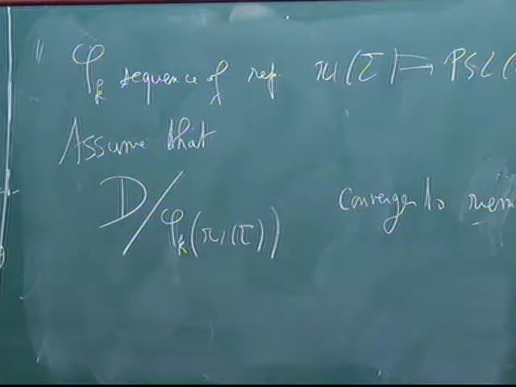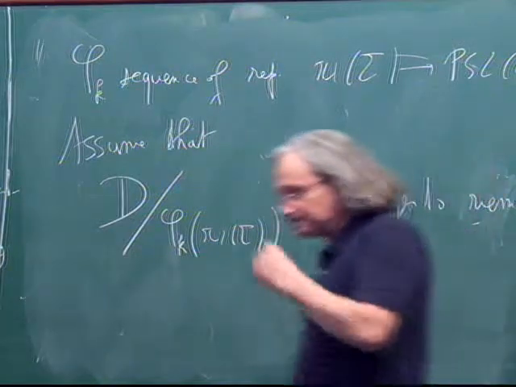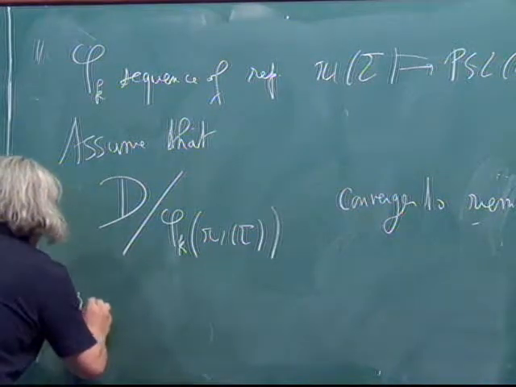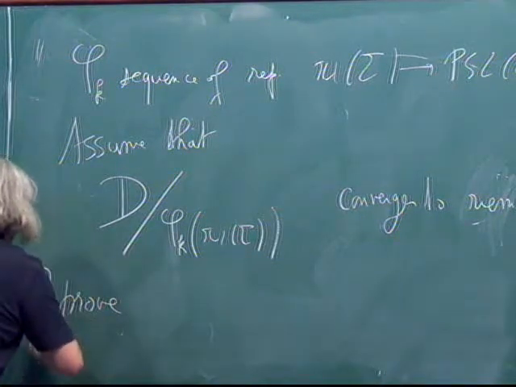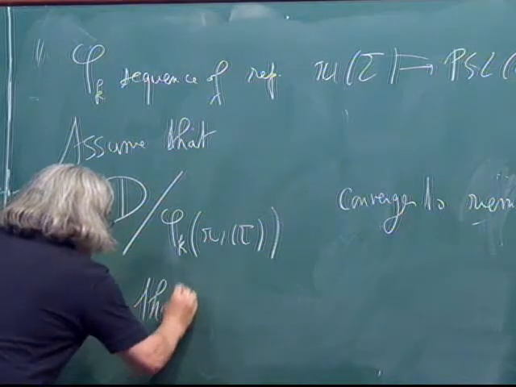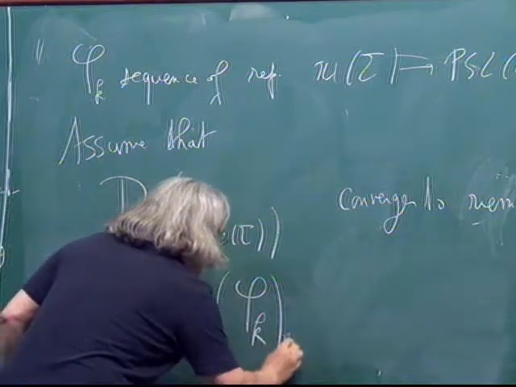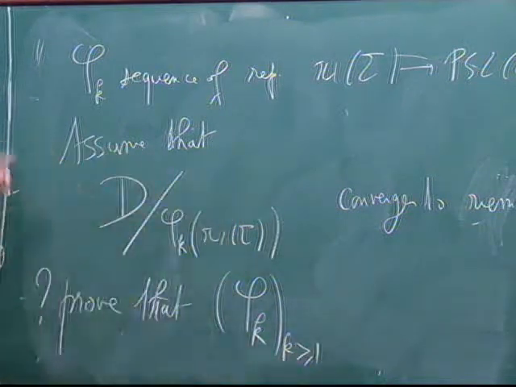On sigma. And then you have to prove that the family phi k, as a family of linear representations, is bounded.